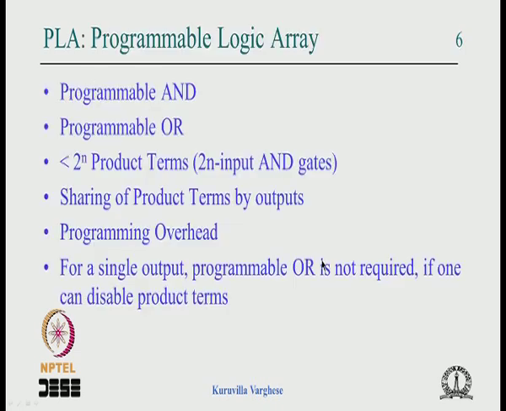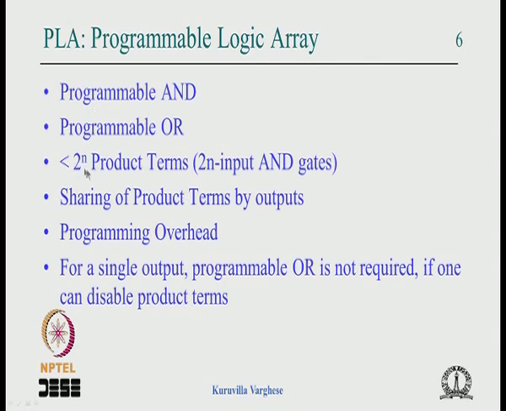So, summarizing, the PLA was a programmable AND and a programmable OR. The PROM had a fixed AND, because all the minterms were there, and a programmable OR. When it comes to the programmable logic array, you have the programmable AND and programmable OR.